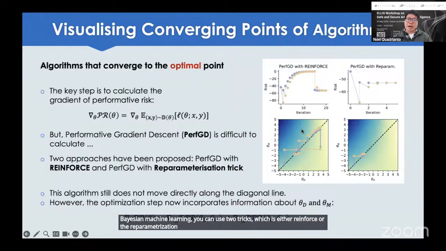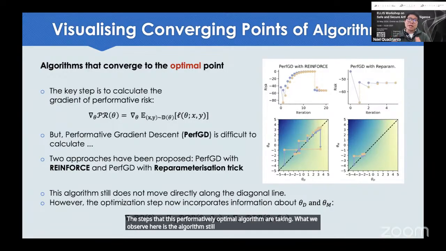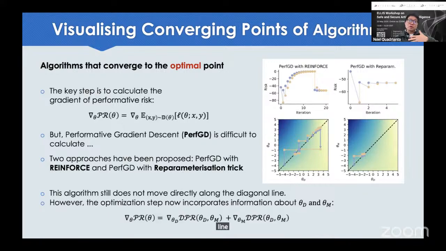And this is what we visualize here in terms of the steps that the performatively optimal algorithm takes. What we observe is that the algorithm does not just move along the diagonal line. It also moves off the diagonal and back to the diagonal.